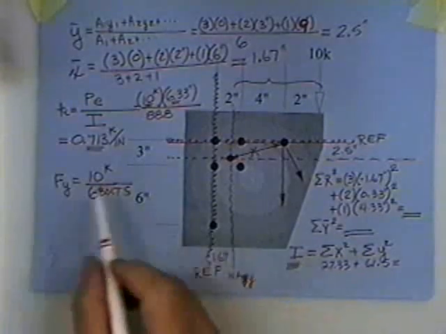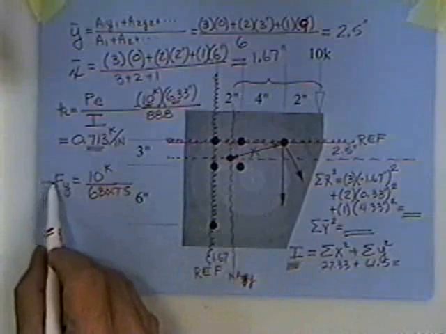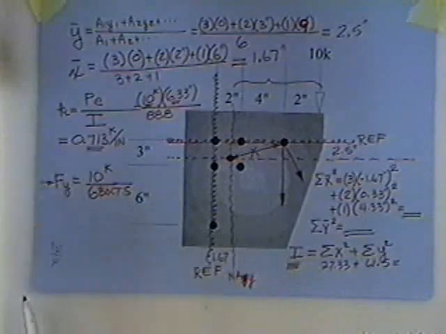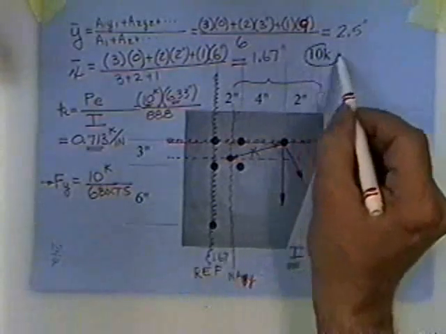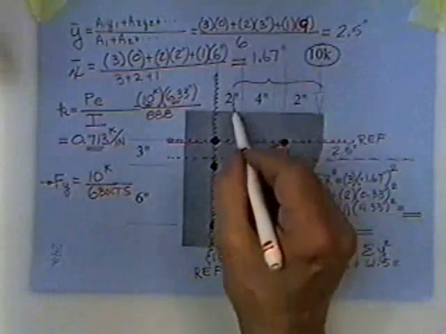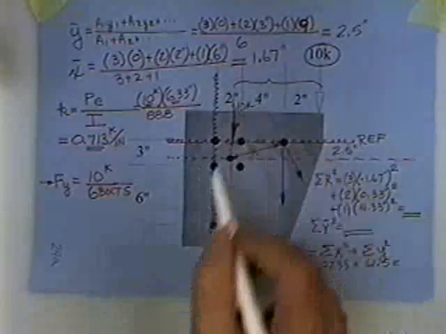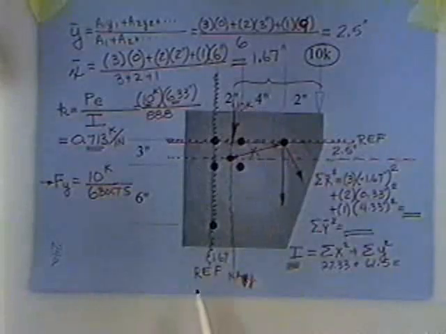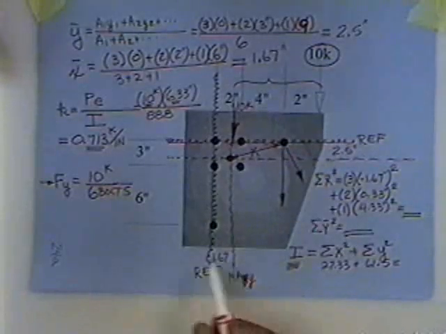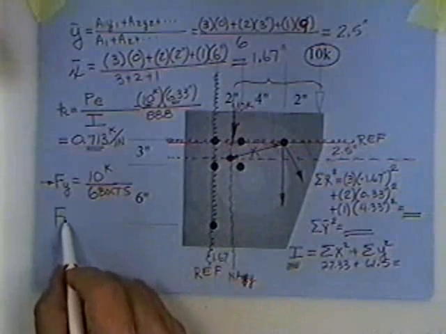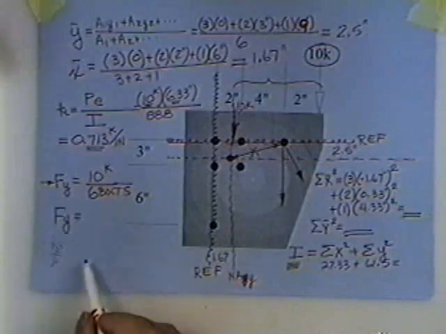All right. Let me mention that F sub y force is what they call direct shear. It is as if the 10 kip load were acting right through the centroid of the shape, 10 kips, and then we add on the moment part. You can split it up into components, makes it easier.